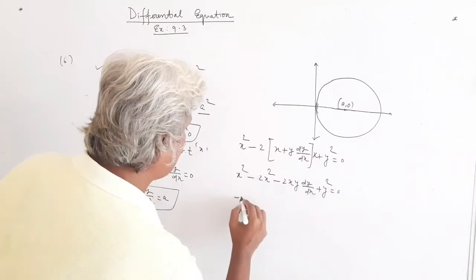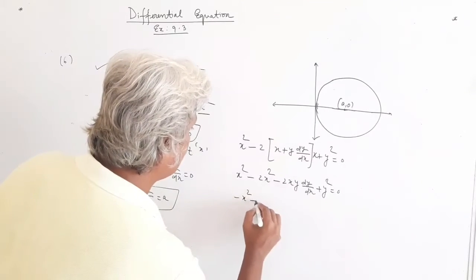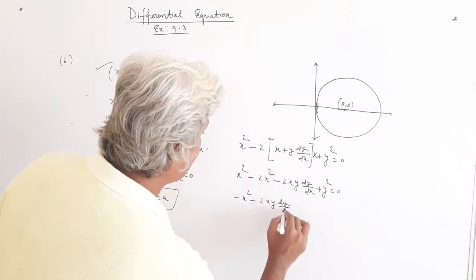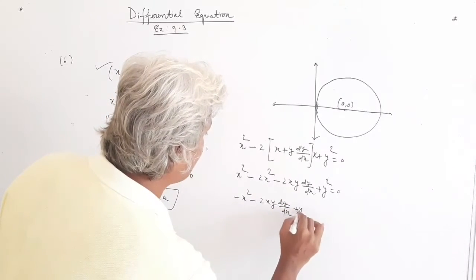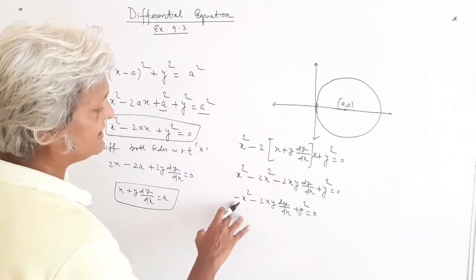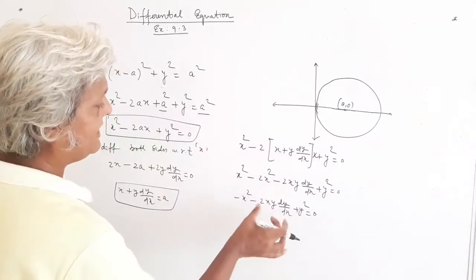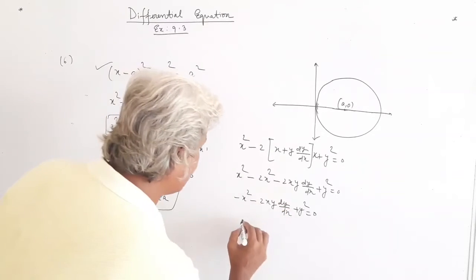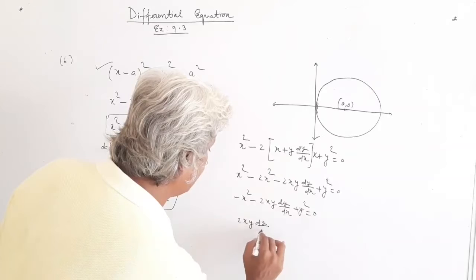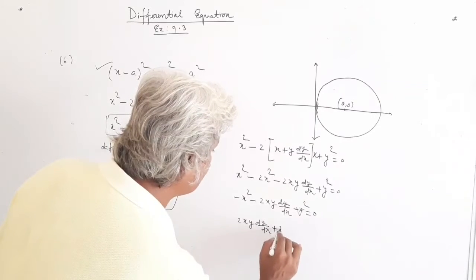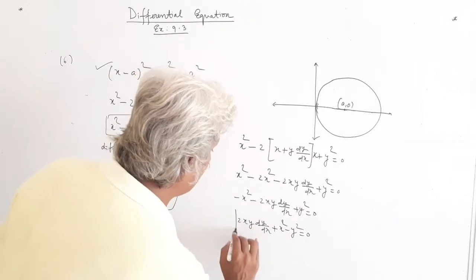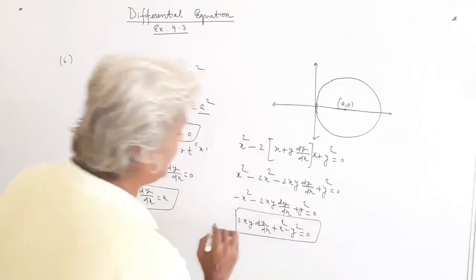Now it becomes −x² − 2xy dy/dx + y² = 0. If I take this minus sign common, and then I write this dy/dx first, then I'll get 2xy dy/dx + x² − y² = 0. And this is your final answer.